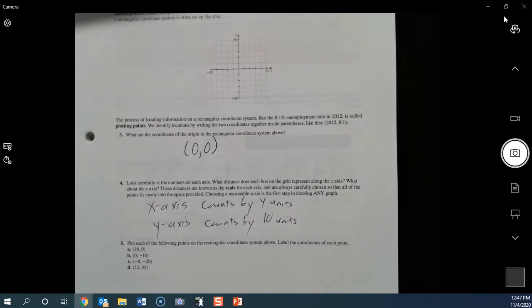Now, the x coordinates go like this. It could go left, right, or stay. That's the only thing that the x value can do. It could go left, right, or stay, and we always start at the origin. The y value can only go up, down, or stay.